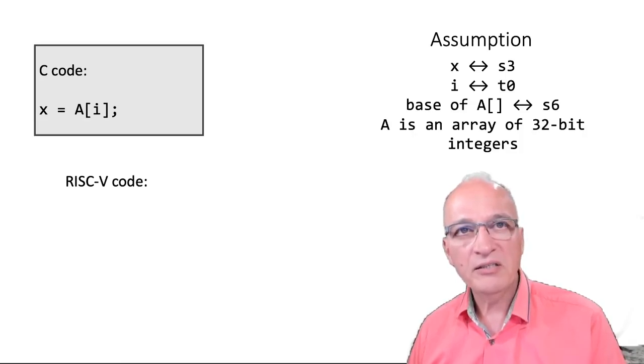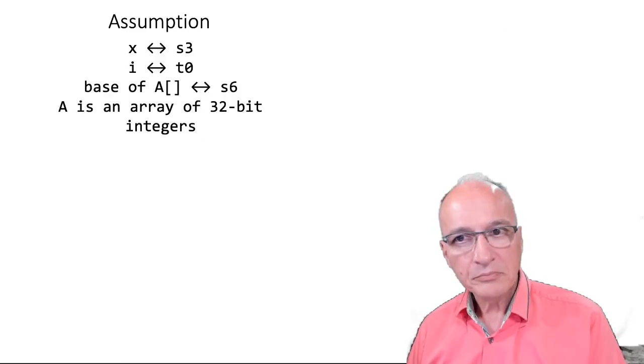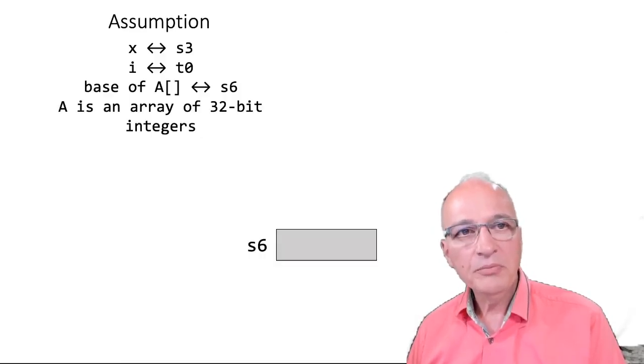So let's say that x is in S3, I is in T0, the base of the array A is in S6. Remember that the base of the array is the address of the element 0 of the array, and this is an array of 32-bit integers. So here's our assumption.